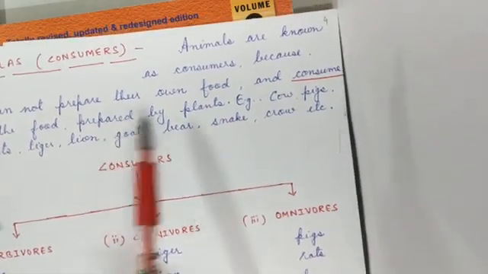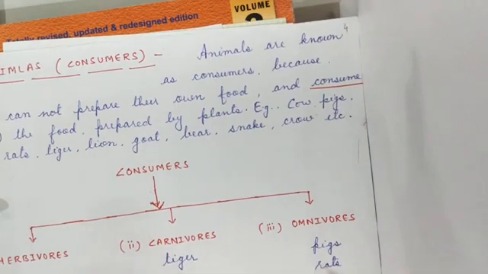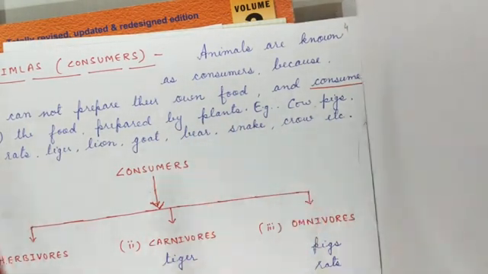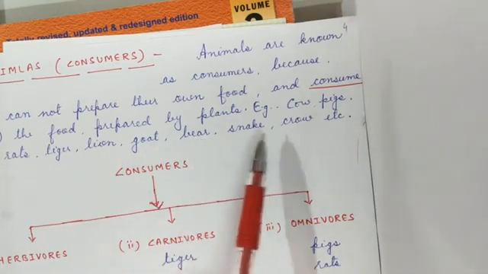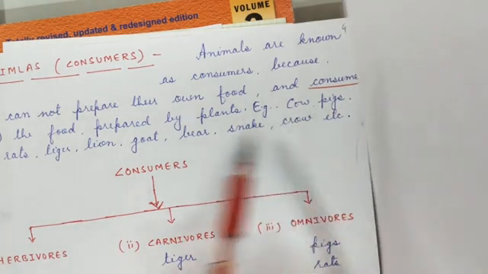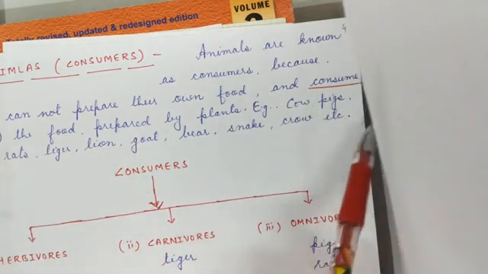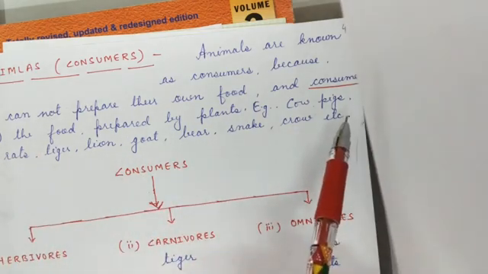So, now if I ask you some examples of animals. They can be cow, pigs, deer, rats, tiger, lion, goat, bear, snake, crow, etc. Isn't it? Yes. Now all these animals, if we see their food habit, it is of different types.